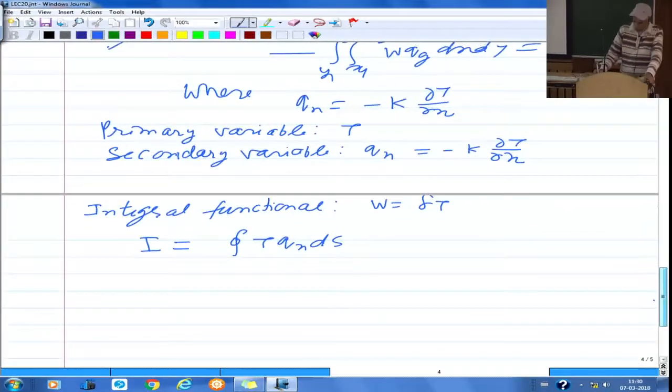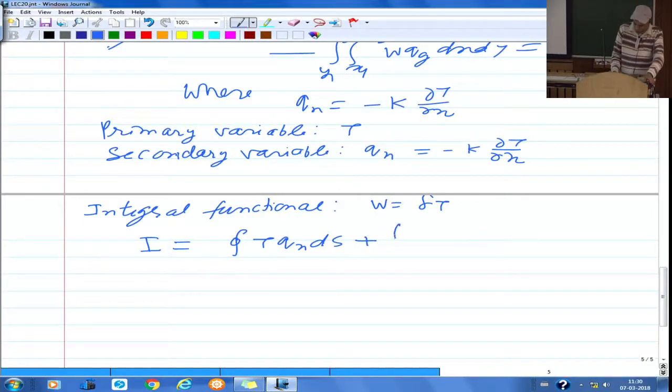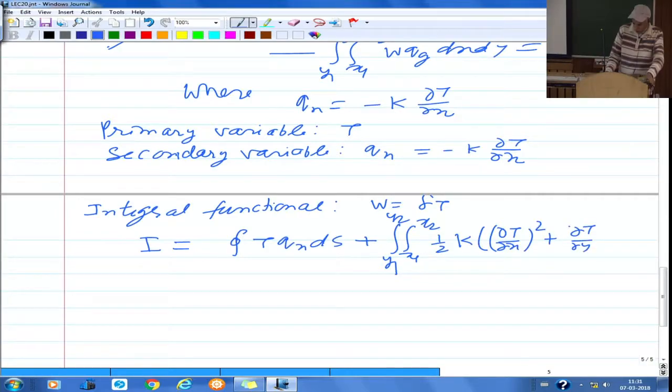So that is going to contribute finally, plus we have this domain integration, y1 to y2 and x1 to x2, and let me write that half here, and k I can also take common now. So what you will have is del T by del x whole square plus del T by del y whole square for the second term, and then dx dy.